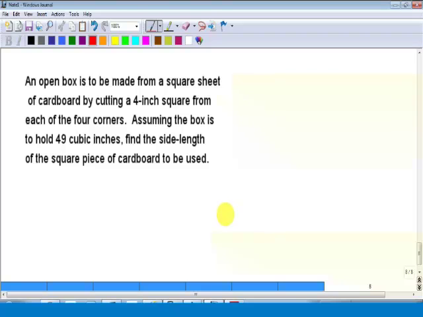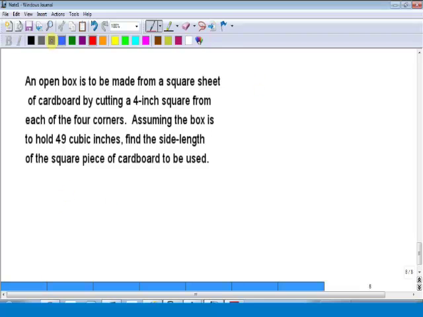An open box is to be made from a square sheet of cardboard by cutting a 4-inch square from each of the 4 corners. Assuming the box is to hold 49 cubic inches, find the side length of the square piece of cardboard to be used.